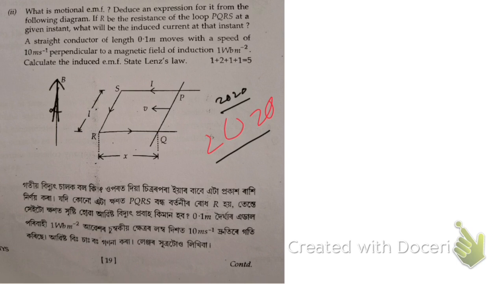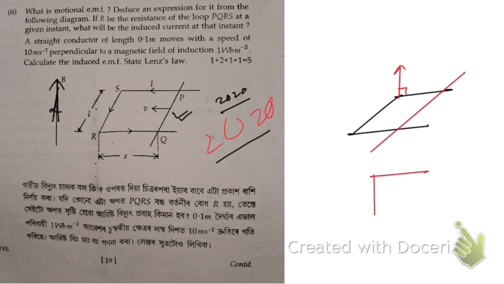That means this is the plane of the frame. Here is the conductor which is being moved, and the direction of the magnetic field is perpendicular to this. If you draw the frame this way on the page, then the direction of the magnetic field will be out of the page, which can be represented by a dot.